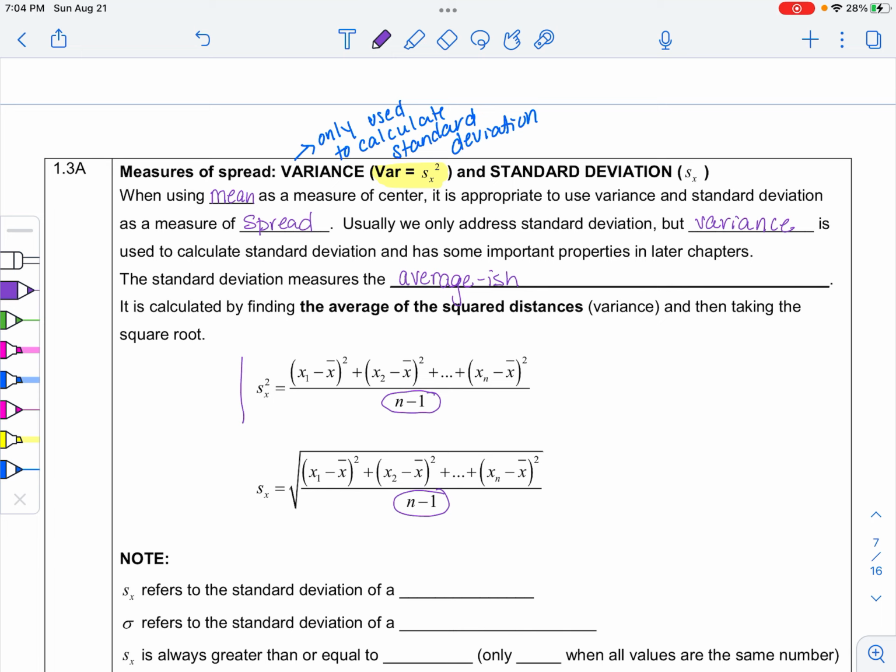When we found the average on the page before, for the mean, we divided by n. This time we divide by n minus 1, so that's why I'm going to use the word average-ish. So what standard deviation measures is the average-ish distance each data point is from the mean.